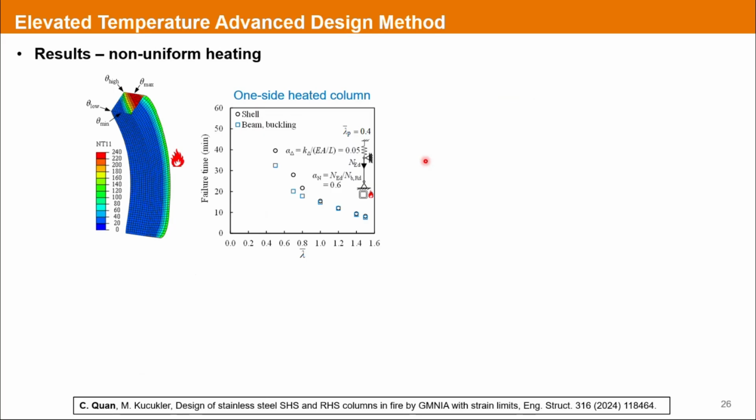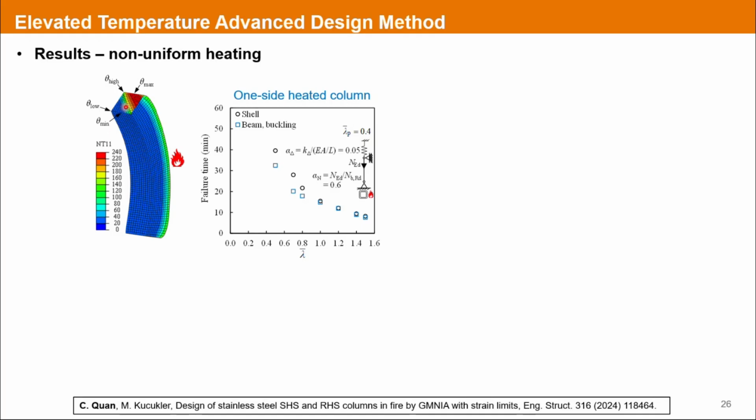We also look at non-uniform heating cases, such as this one-side heated column. Something interesting is different from the room temperature design. We know that for room temperature design, due to instability, the critical location typically appears at the compressive side.